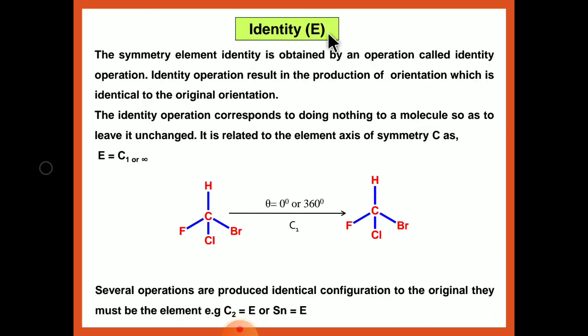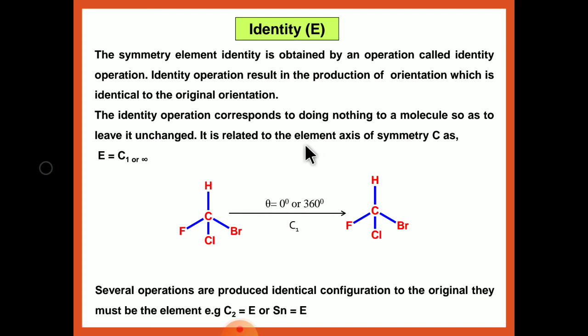The last symmetry element and symmetry operation is identity, E. The symmetry element identity is obtained by an operation called the identity operation. The identity operation results in the production of an orientation which is identical to the original orientation. So the identity operation corresponds to doing nothing to a molecule so as to leave it unchanged.